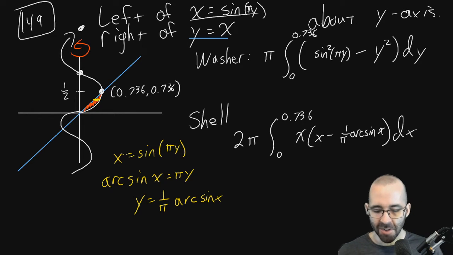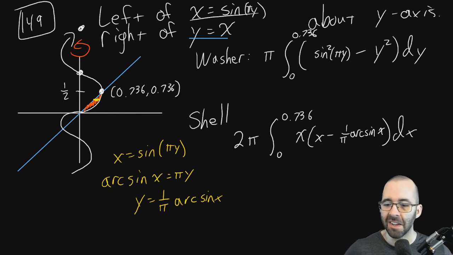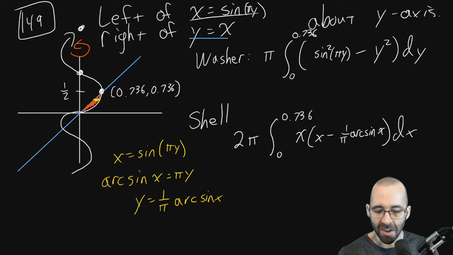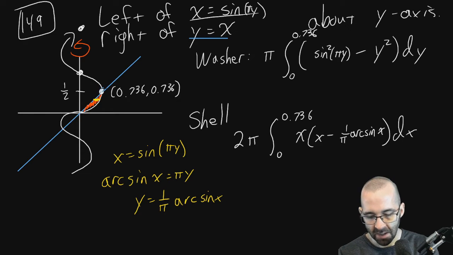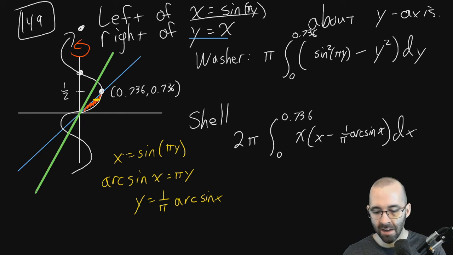Now, when you check your answer on this one, you get something very unique, something I did not expect at all. And it's because my picture is not quite right. I have mine intersecting kind of here, but really the line should intersect higher up.